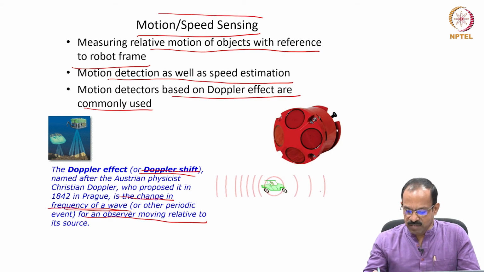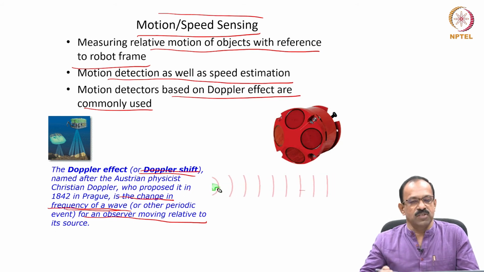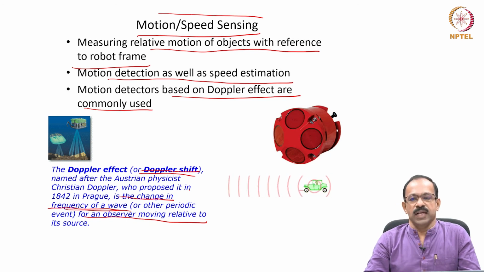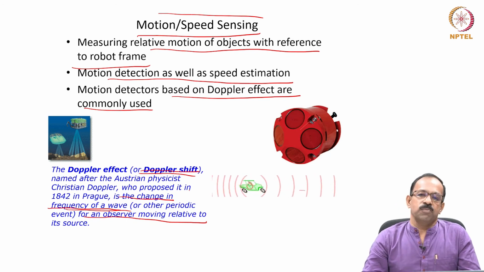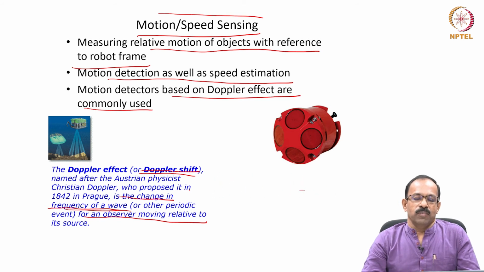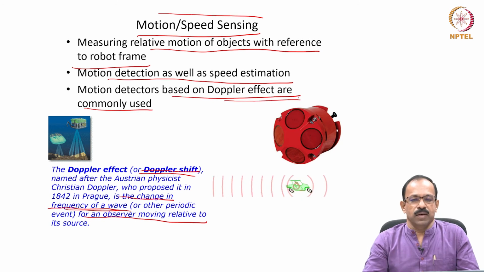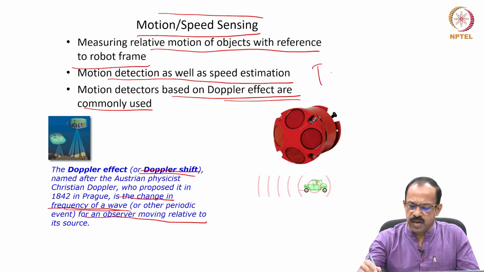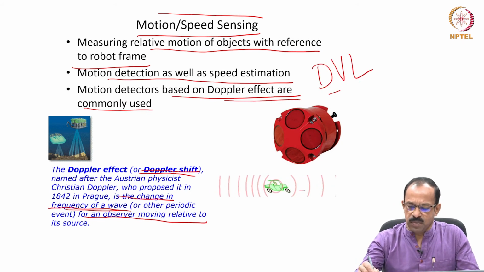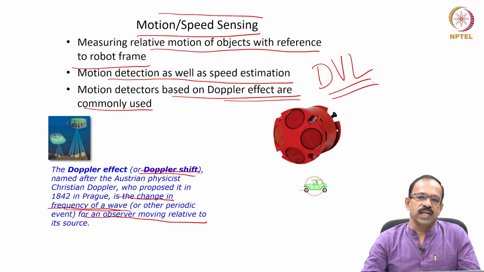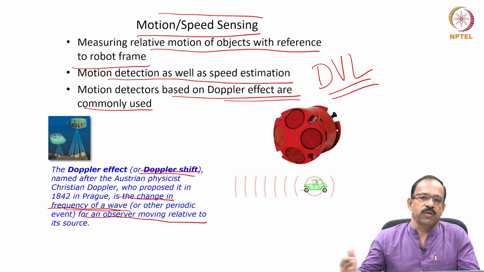As you can see here, as it is moving, there will be a change in the frequency at which you are receiving the signal. The same principle can be used for measuring the speed of a robot, and that is known as Doppler effect based motion sensors. There is something called DVL, Doppler velocity log, which uses the principle of Doppler shift for measuring the relative speed of the robot with respect to a reference.